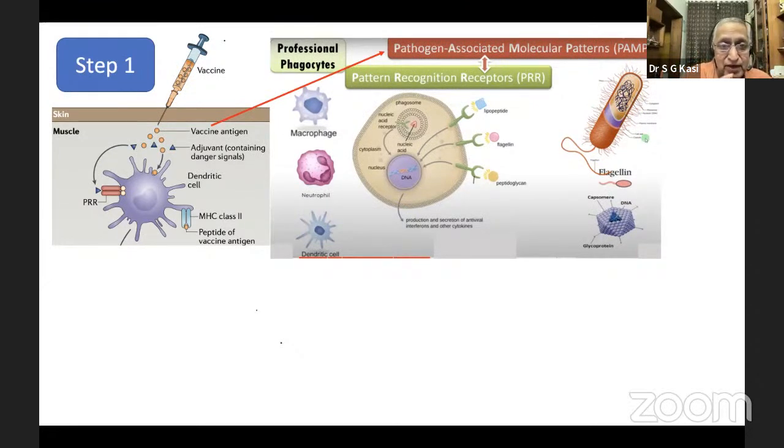But nowadays, we are getting highly purified antigens, subunit vaccines, acellular pertussis, where all the PAMPs have been removed to reduce the reactogenicity. So such vaccines need an adjuvant. The adjuvant functions as a PAMP, and that reacts with the pattern recognition receptor and initiates the immune response.